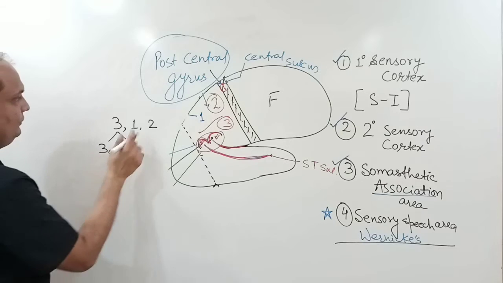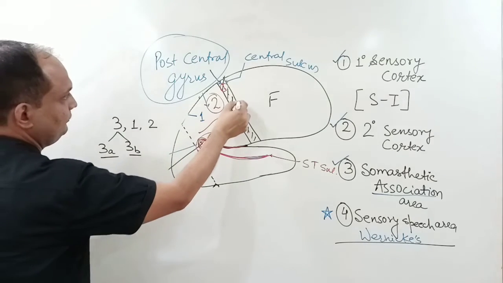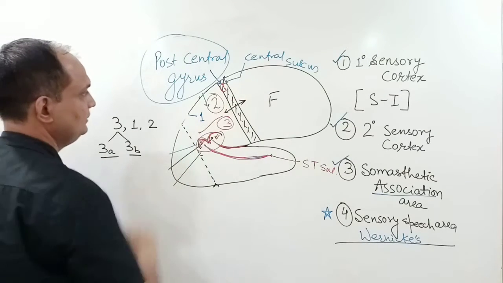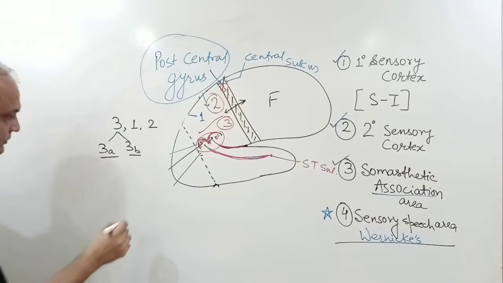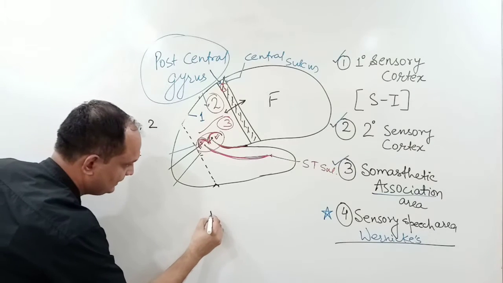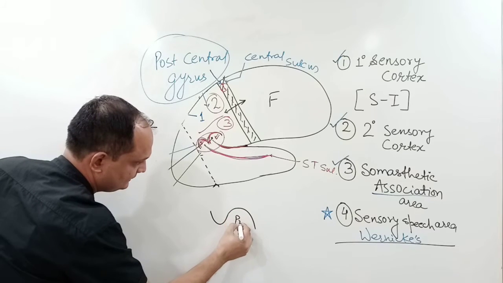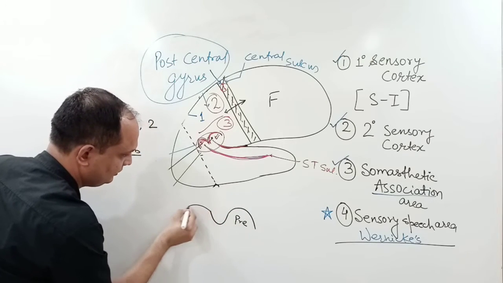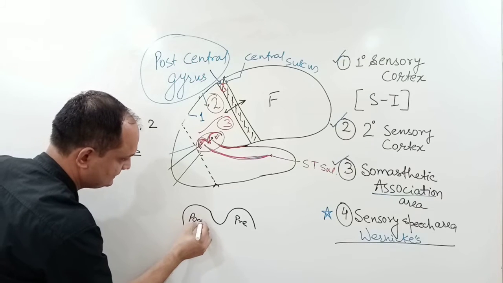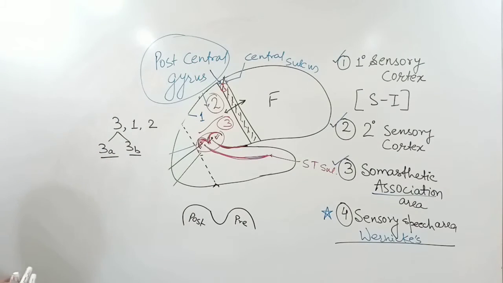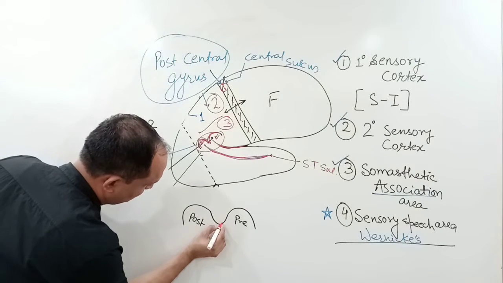What is the meaning of this 3A, 3B? If you take a transverse section of the sulci and gyri, this is your central sulcus, this is your precentral gyrus, this is your postcentral gyrus. Now this is the floor.